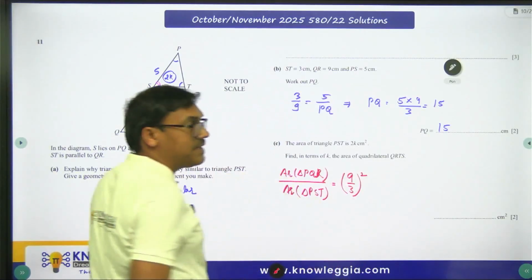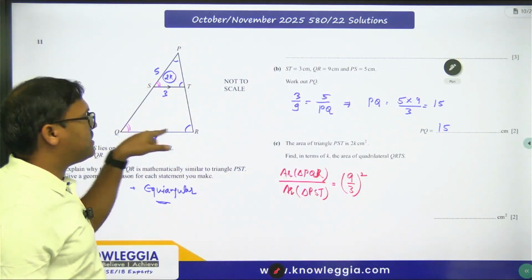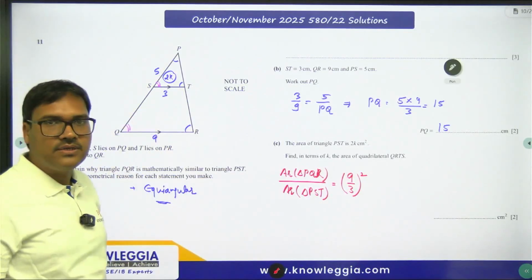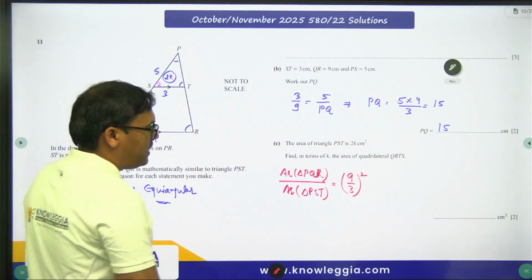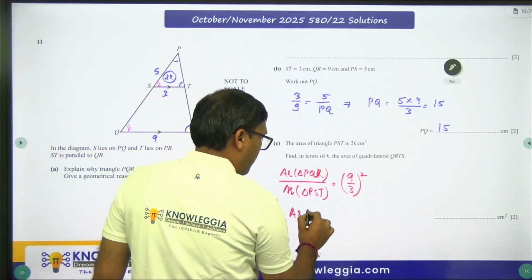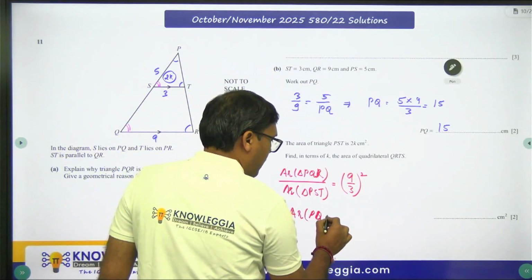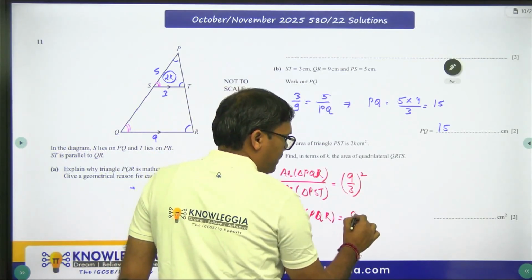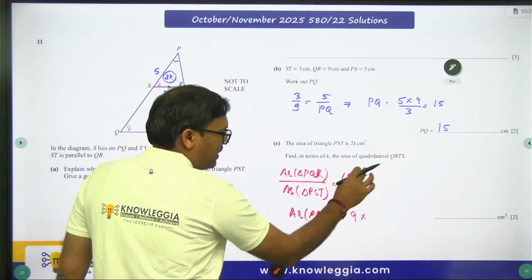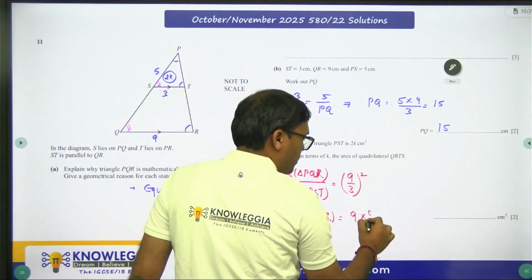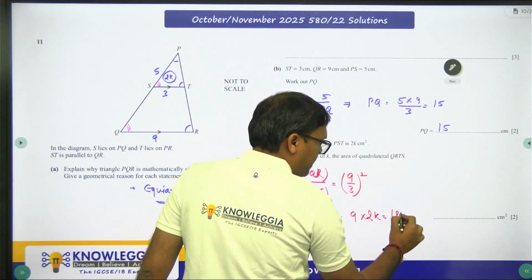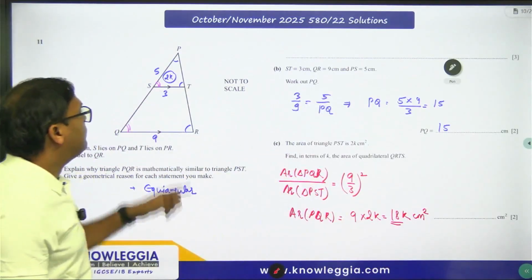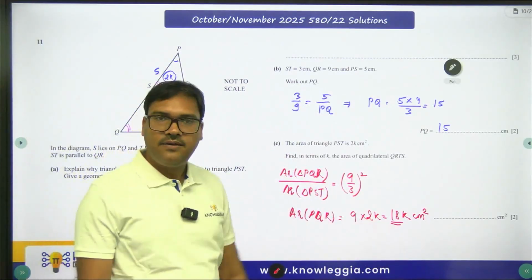Why am I doing this? The ratio of areas of two similar triangles is the scale factor squared. This is 9 by 3, square. So what is the area of triangle PQR? It will be equal to 9 into triangle PST. What is the area of triangle PST? This is 2k. That is 18k centimeter square. So the area of this larger triangle is 18k, correct?